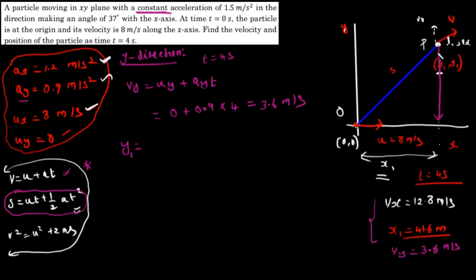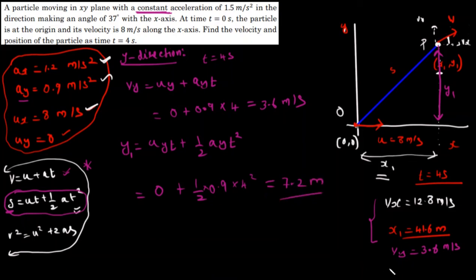So instead of s, I can use y1, which is equal to uyt plus 1 by 2 ay into t square, which is equal to uy is 0 anyways, plus 1 by 2 acceleration in the y direction is 0.9, into time taken 4 square. So 1 by 2 into 0.9 into 4 square, that is going to be 7.2 meters, because we are finding out distance. So y1 is equal to 7.2 meters.